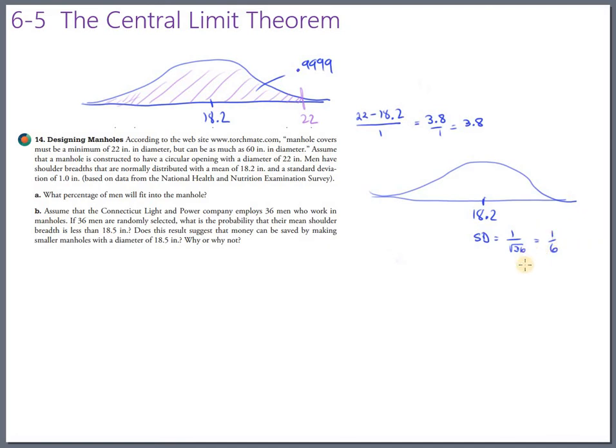So the standard deviation is 1/6 now. And we're wanting less than 18.5. I don't really know where 18.5 is scale-wise, but I know it's to the right of 18.2. So I'm trying to find that area right there.